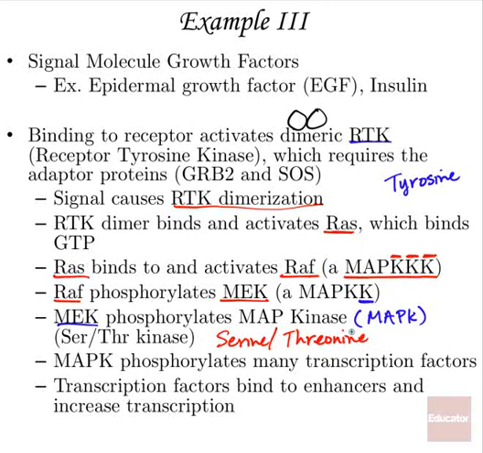So now that MAP kinase is active, it is still a kinase. MAP kinase will phosphorylate a bunch of other transcription factors. And many of these transcription factors, by the phosphorylation, will be activated, and now they can go and bind to the DNA in the nucleus and enhance transcription. All right, so it's a very complex process, many steps, but the whole outcome is to affect the transcription happening in the nucleus.